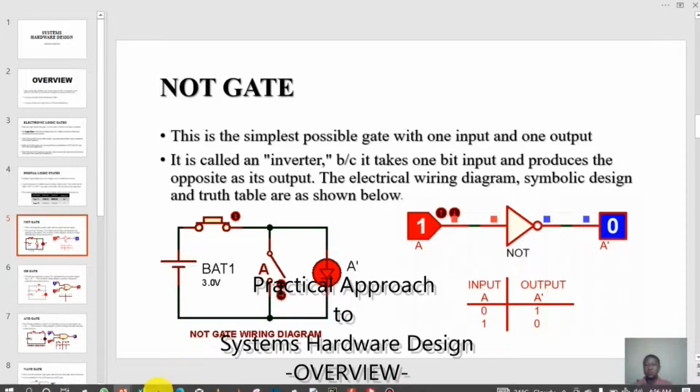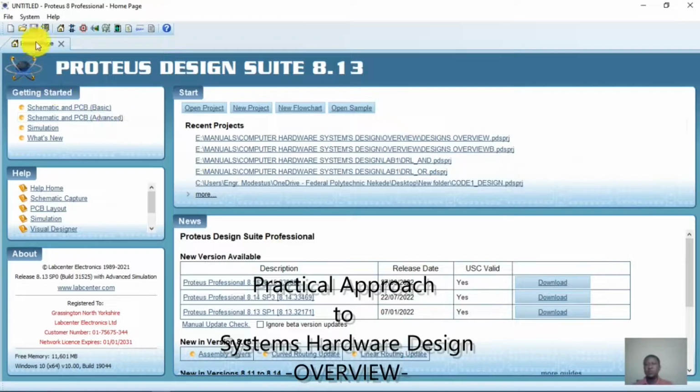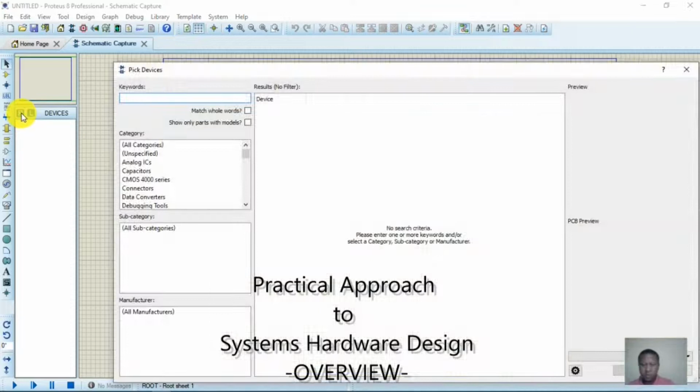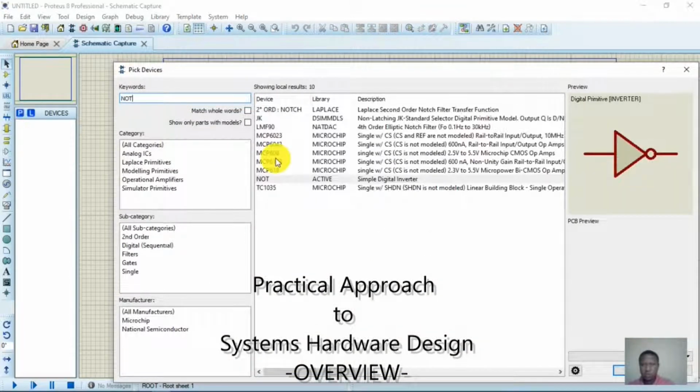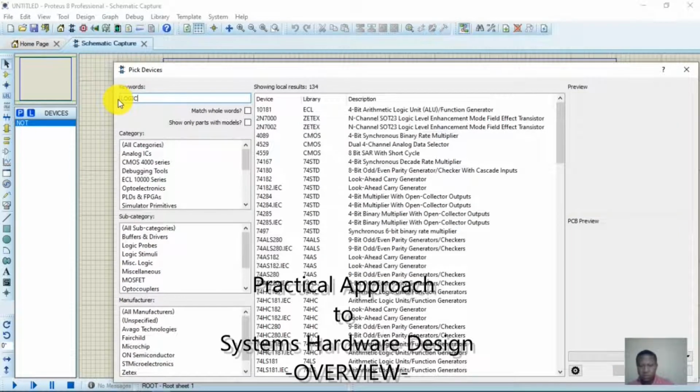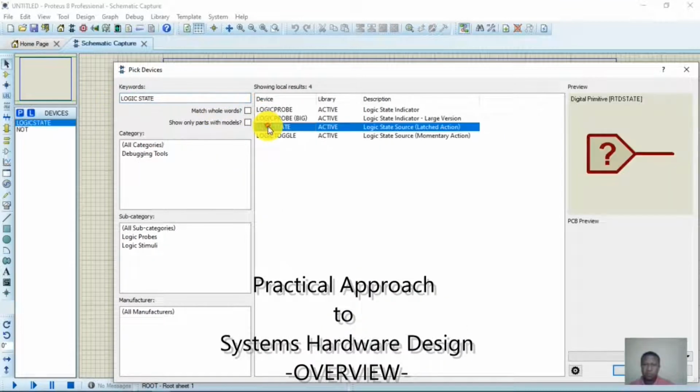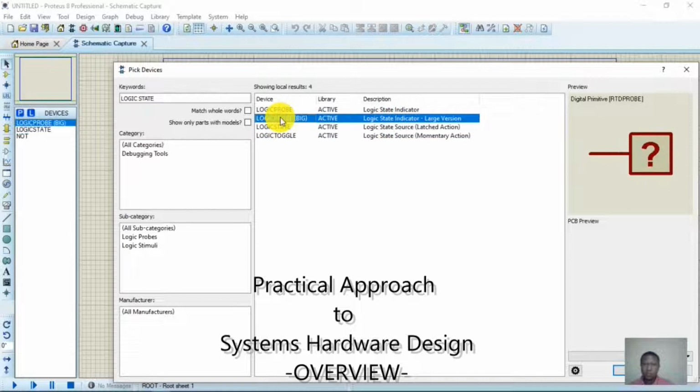Let's quickly go to Proteus. This is Proteus now. I'll quickly go to schematic capture to start a new program. Pick my components. I'm going to pick a NOT gate. Logic state. Logic probe.